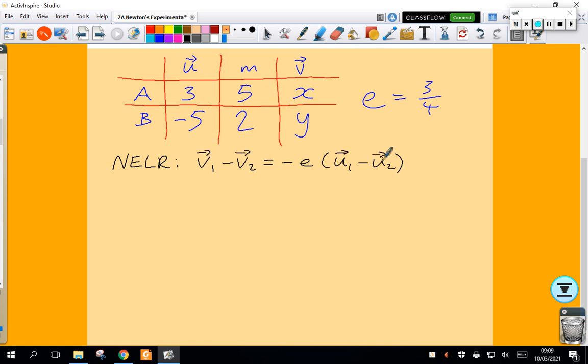So we're talking about the relative velocity an instant after impact is equal to negative e times the relative velocity an instant before impact. So plugging everything in here, final velocity of particle 1 is x. Final velocity of particle 2 is y, so we get x minus y equals negative e, well, that's negative 3/4 times u1, the initial velocity of particle 1, which is 3. Subtract u2, which is negative 5.